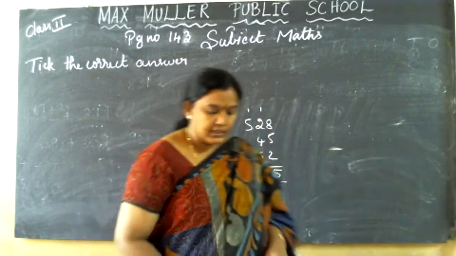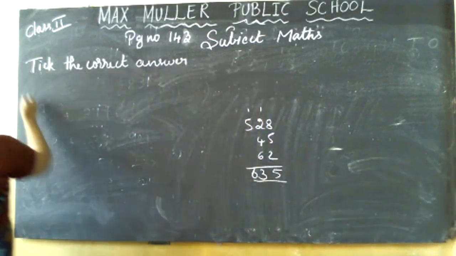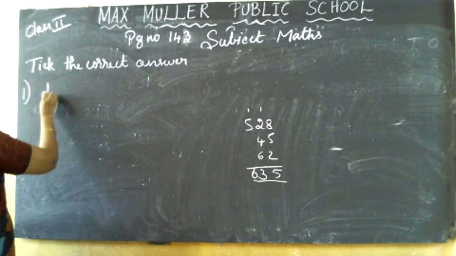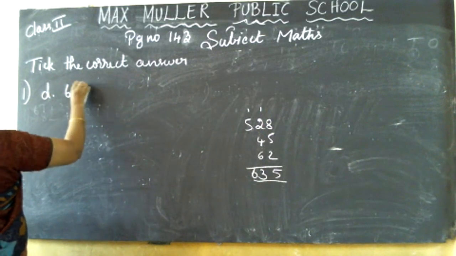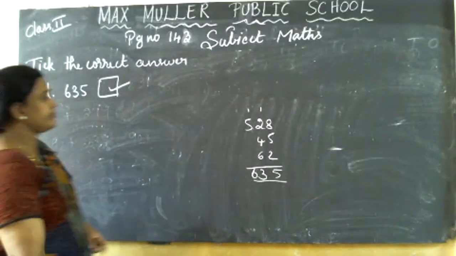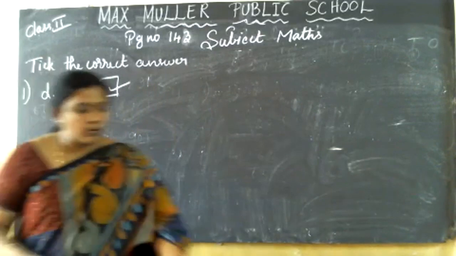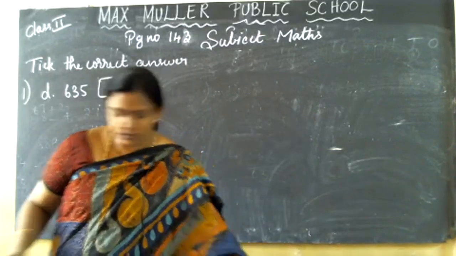See, 635. Option D is the correct answer. First one, D, 635. For 635, you want to tick. If you add these three, you will get 635. Now go to page number 144.